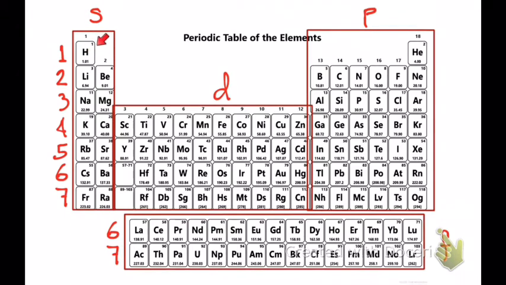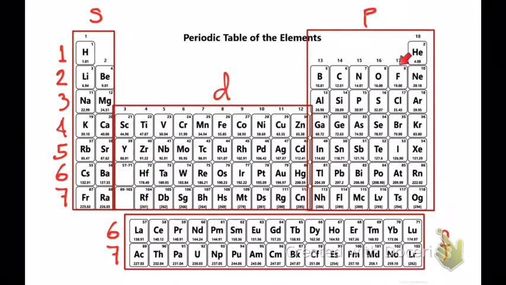And then for helium, we know that helium is right over here, but the reason why helium is on this side in group 8 is because helium is a noble gas, and noble gases are very stable, and that's why they group them along with the rest of the noble gases.